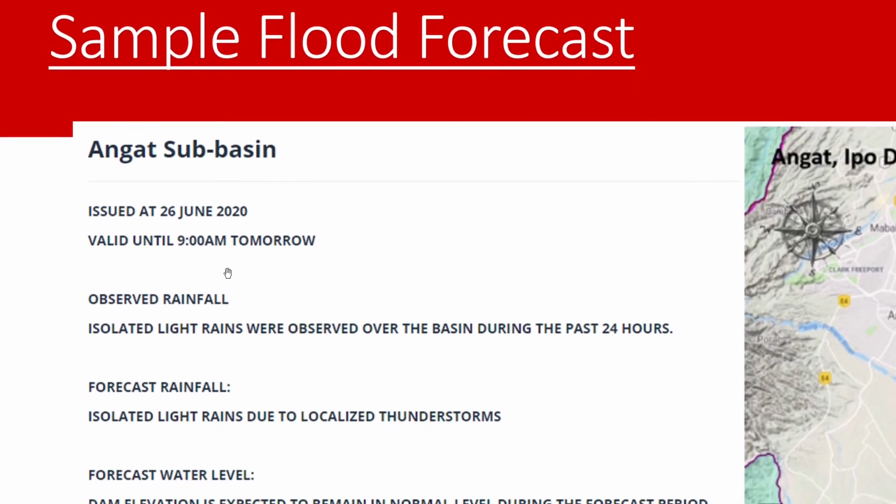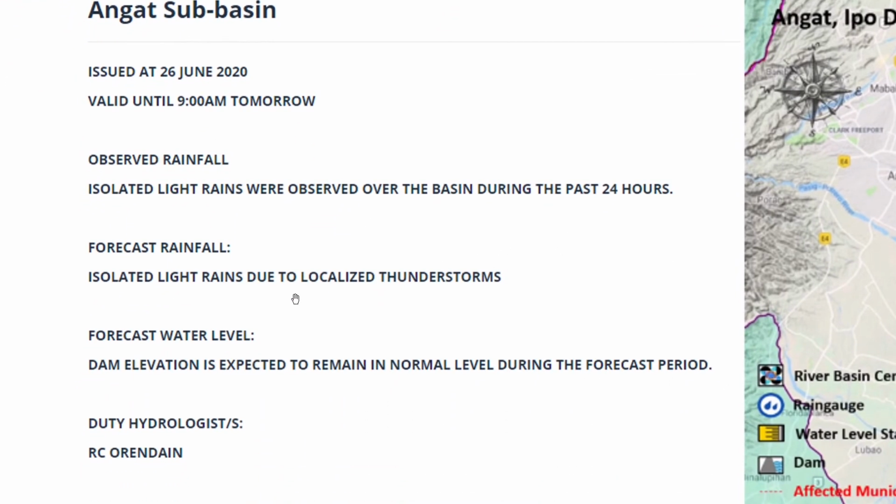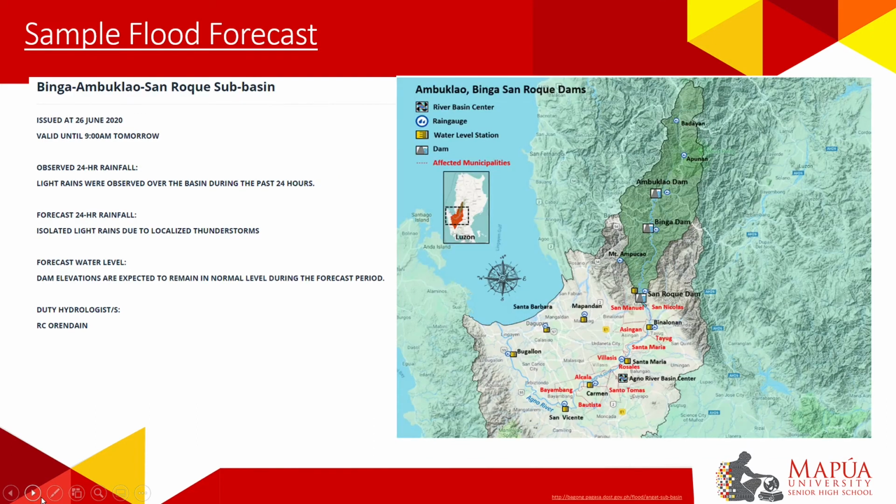Issued at June 26, 2020, valid until 9 a.m. tomorrow, there are isolated or light rains over the basin in the past 24 hours. The isolated light rains are due to localized thunderstorms. But the dam elevation is expected to remain at a normal level during the forecast period. And there is a signature of the hydrologists that made the observation.